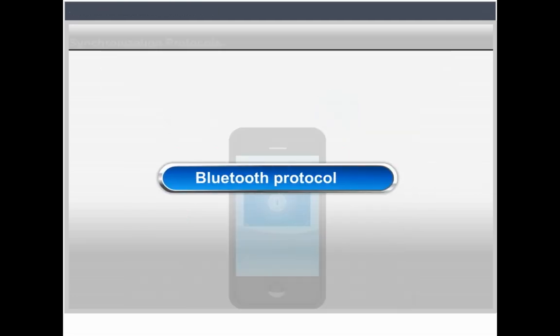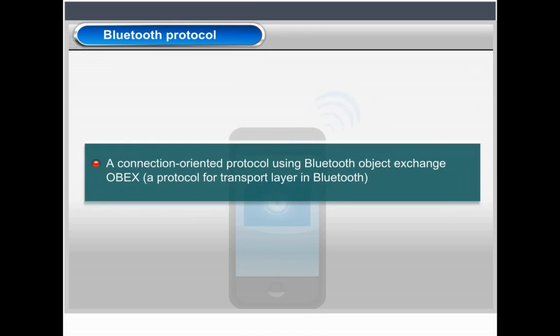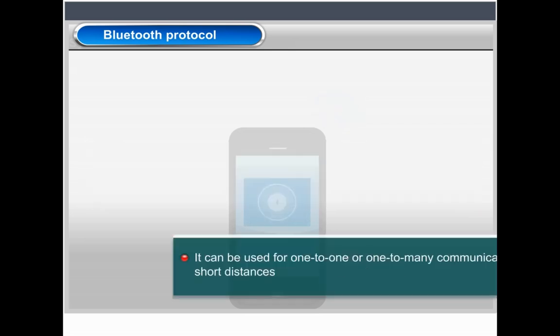Bluetooth protocol. A self-discovery protocol used for synchronization among mobile devices and Bluetooth-enabled PCs in a wireless personal area network. A connection-oriented protocol using Bluetooth Object Exchange (OBEX), a protocol for the transport layer in Bluetooth.